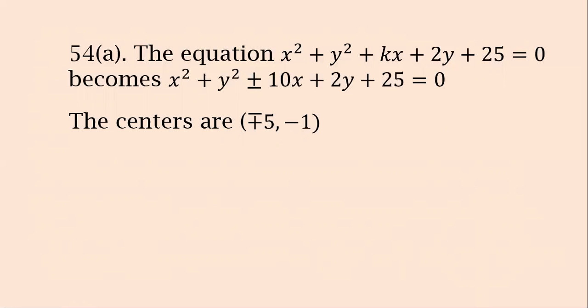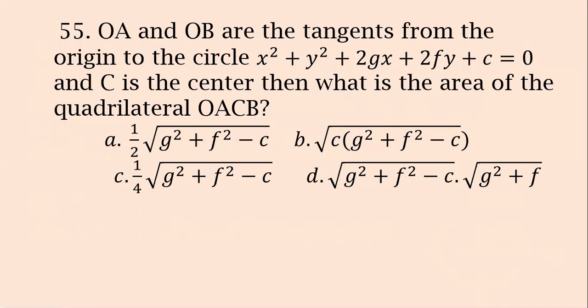Okay. Now 55. OA and OB are the tangents from the origin to the circle this. OA and OB are the tangents from the origin to the circle. So O is the origin here. Another information, C is the center.